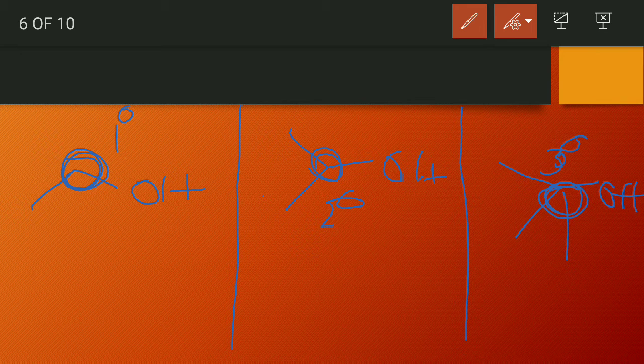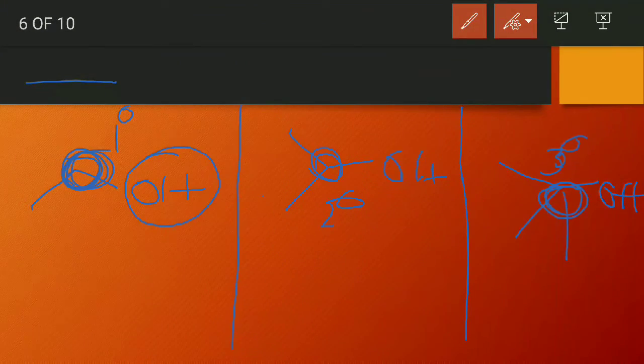The degree of alcohol is the same as the degree of carbon to which the OH group is directly attached. In this first case, the alcohol, that is OH, is directly attached to this carbon which has a degree 1. So the degree of this alcohol would become 1, right?